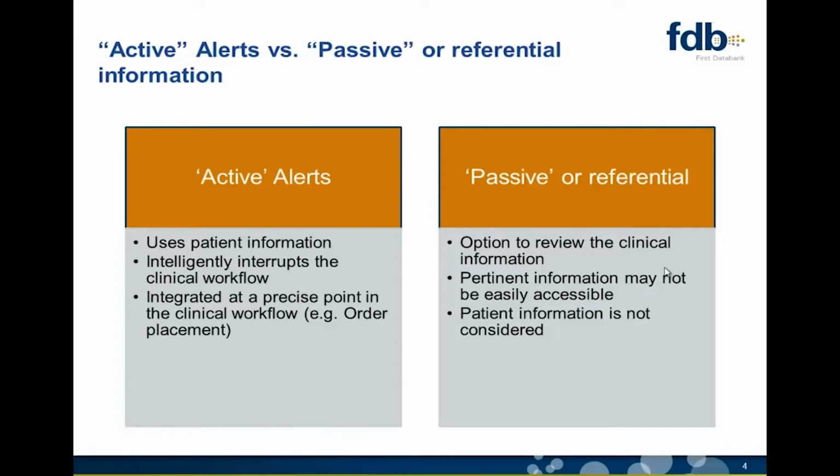It is different to referential information, which tends to be delivered in lengthy paragraphs that need to be reviewed by the clinician to find the relevant text. It provides a whole range of dynamic and relevant drug-specific alerts, such as drug-drug interactions, drug allergies, duplicate therapy, and dose range check. So let's get started.